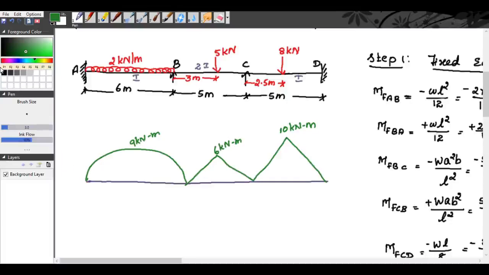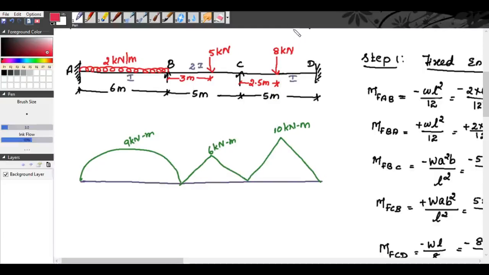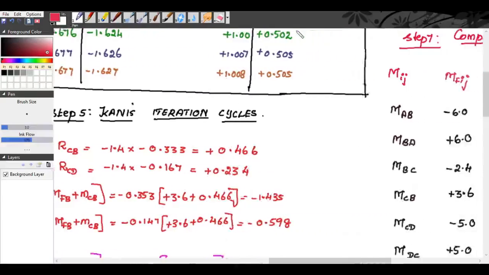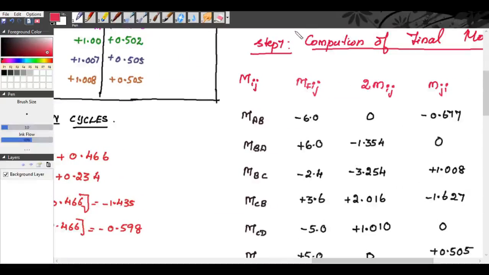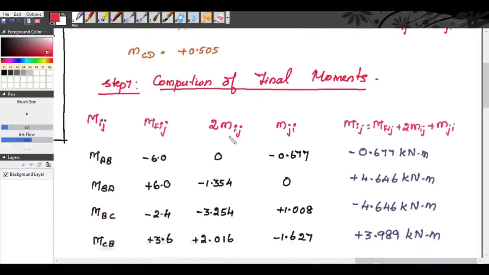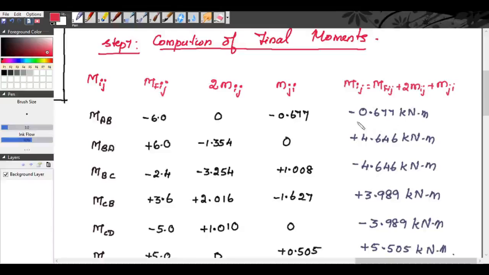Now we will mark the end moments that we have obtained in our step 7, computation of final moments. So MAB is minus 0.677, MBA is plus 4.646.